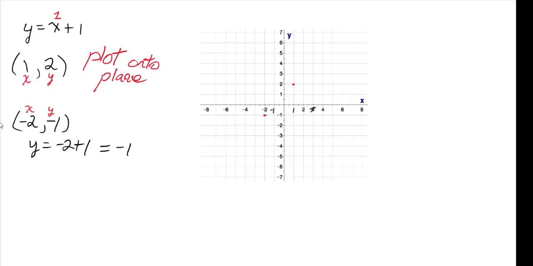Okay. So what I want us to do with these 2 points is I want us to connect them very carefully with a line. I'm going to start here at this point and connect it, but then I'm also going to extend this. Okay.